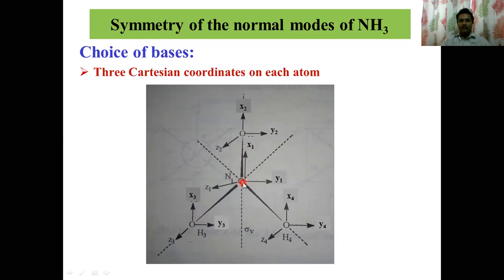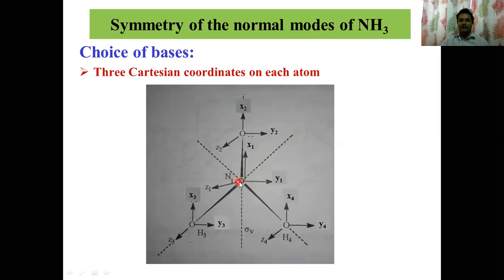And of course, you have to realize that the way I have chosen the axis, Z goes through the nitrogen and the base triangle, the middle of that, and it is basically perpendicular to the plane of the screen of the computer, right? And then X is along this, so that is X1 for nitrogen. That is because it is a non-planar molecule.